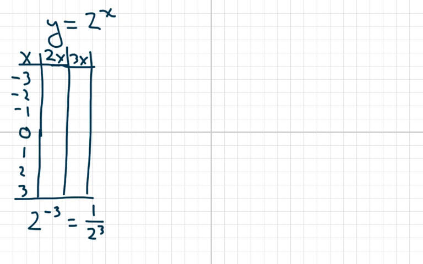Remember that negative flips it down to the denominator, which is 1/8. You remember that from Algebra 2? So this is 1/8. And then 2 to the negative 2 is going to be 1/4. 2 to the negative 1 is 1/2.